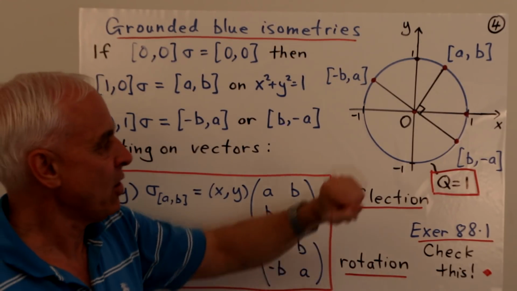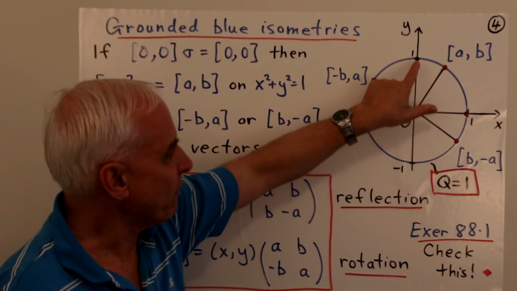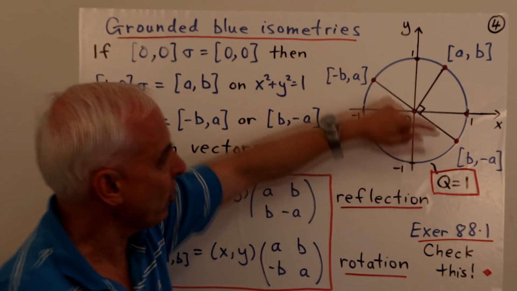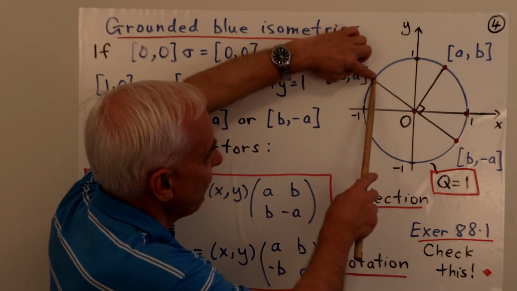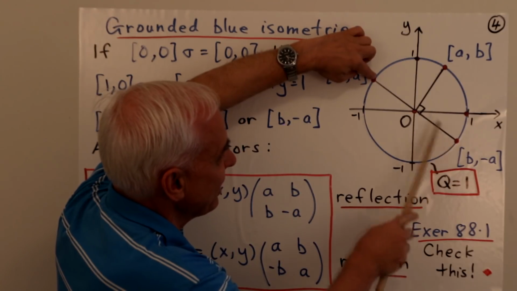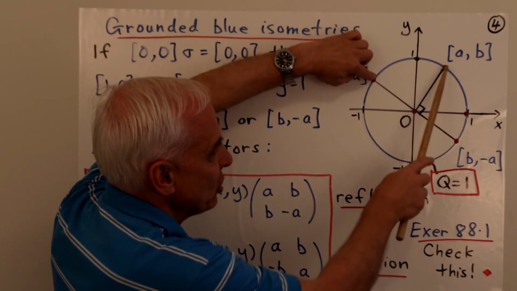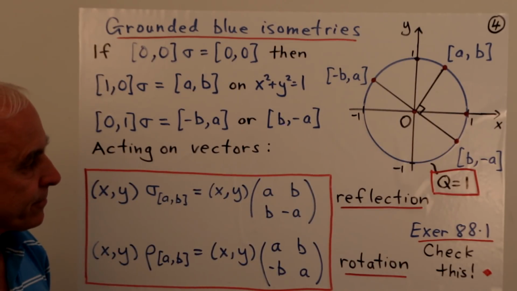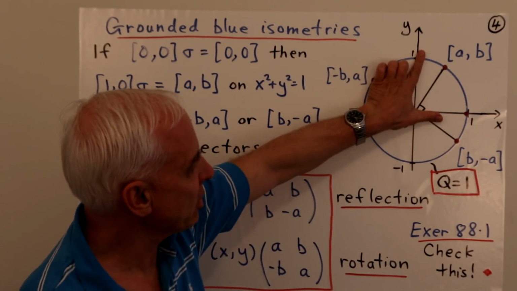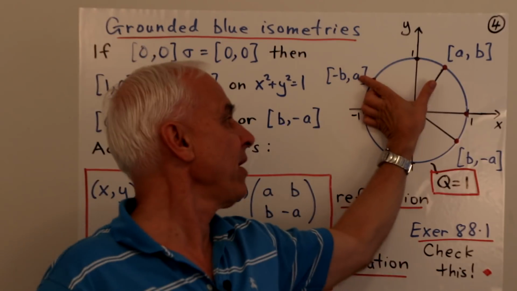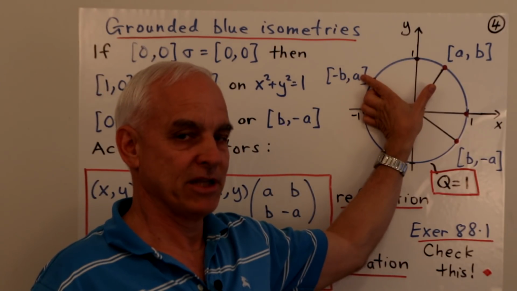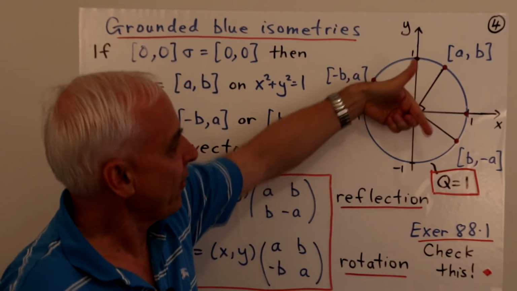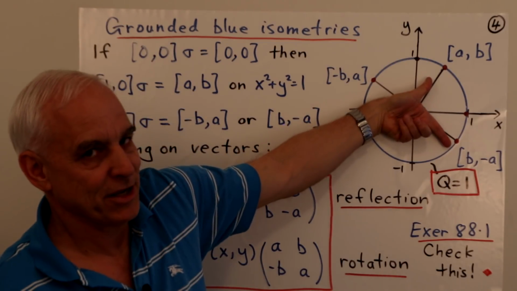Okay, so that means that the image of this point has to be on the circle, but it has to be such that whatever line we join from the origin to it is perpendicular to this line joining the origin to the image of this one here. In other words, these 2 lines are perpendicular, so under an isometry, we're either going to get something like this, where they're still perpendicular, or something like this, where they're still perpendicular.